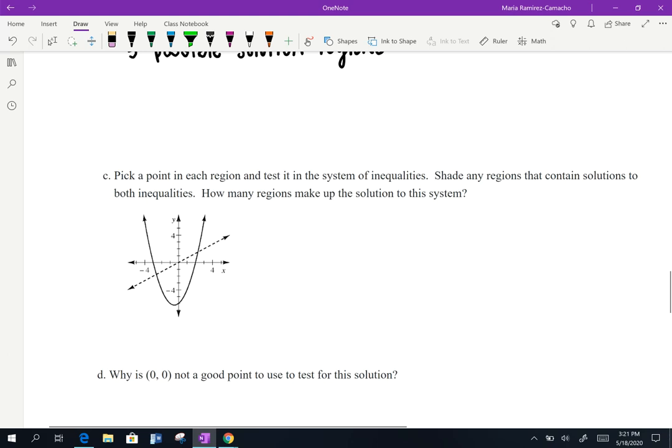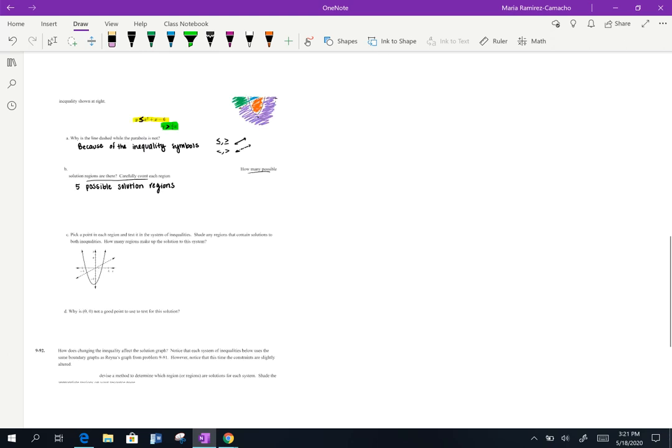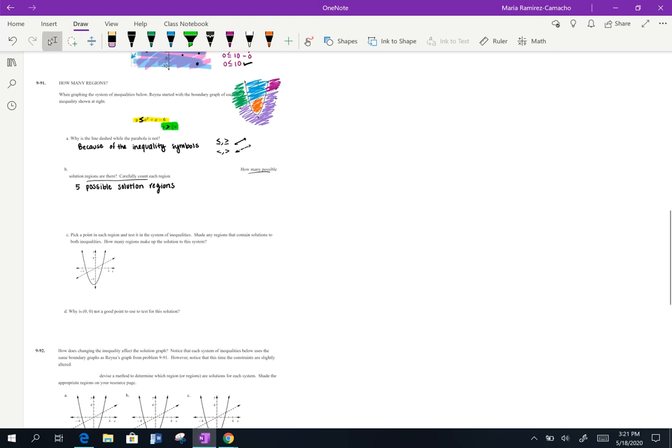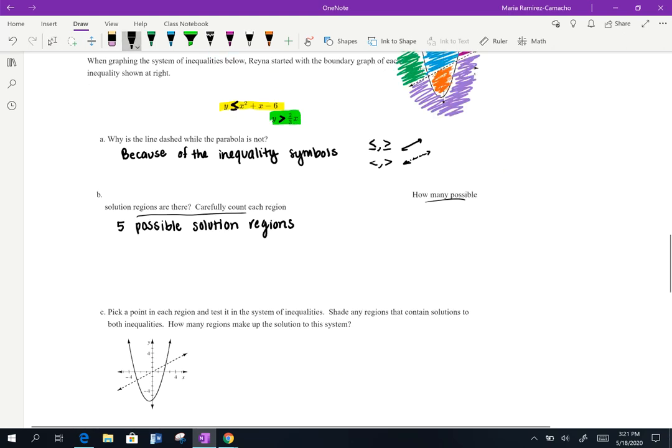Why don't we just take the original inequalities and test points like we've been doing? Okay, so here were the 2 original inequalities. y is less than or equal to x squared plus x minus 6, and y is greater than 2/3 x.